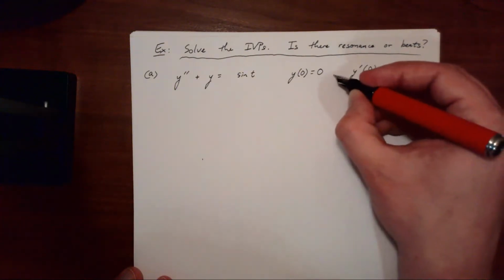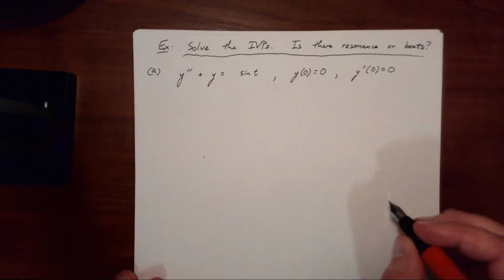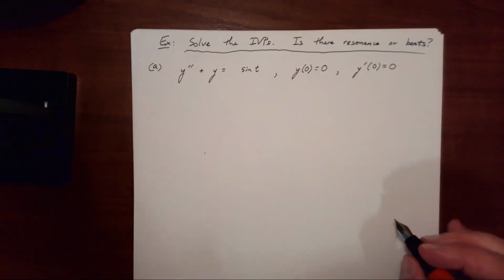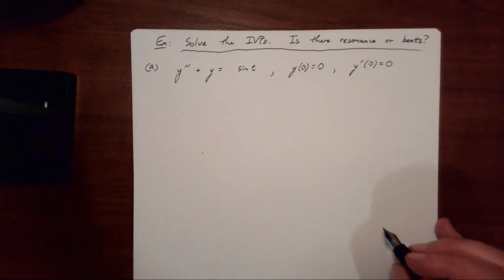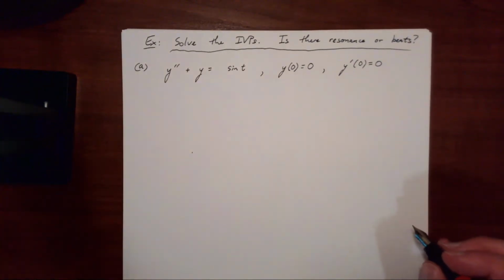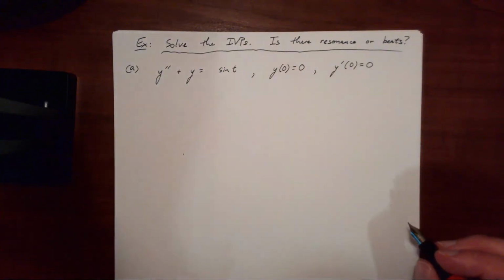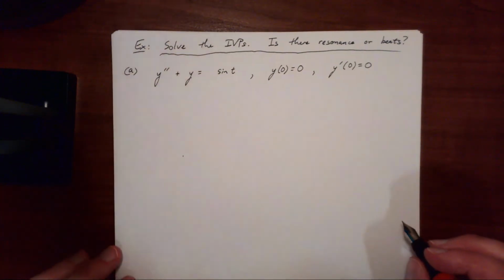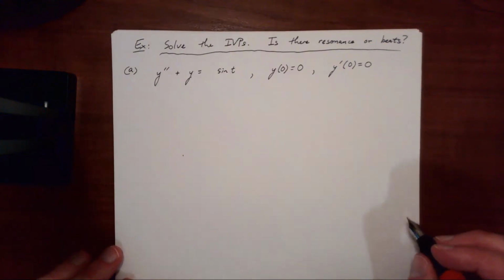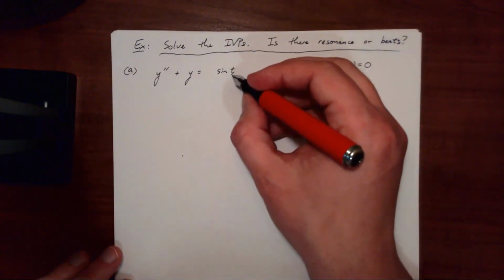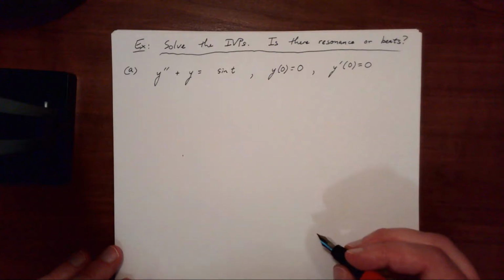So this is going to be a system that is initially at rest at its equilibrium. So if we think about it as a spring, it is not starting off being stretched, and it is not in motion at the exact moment that we take a look at it. But it is being forced by a forcing function of sine t.